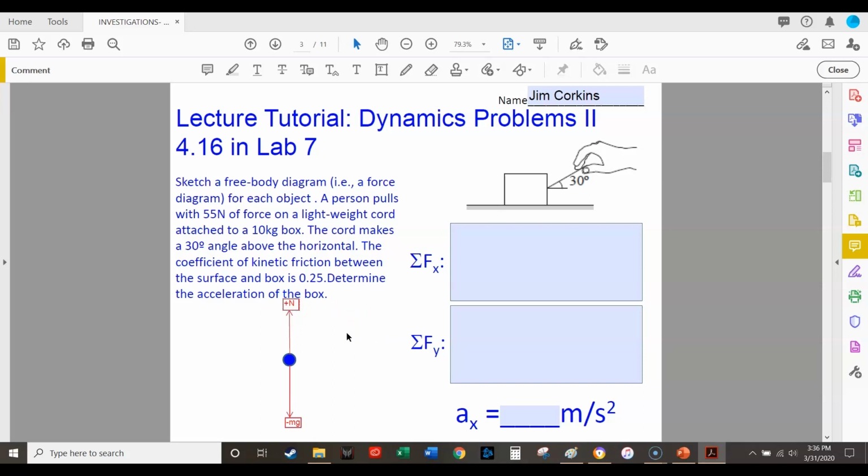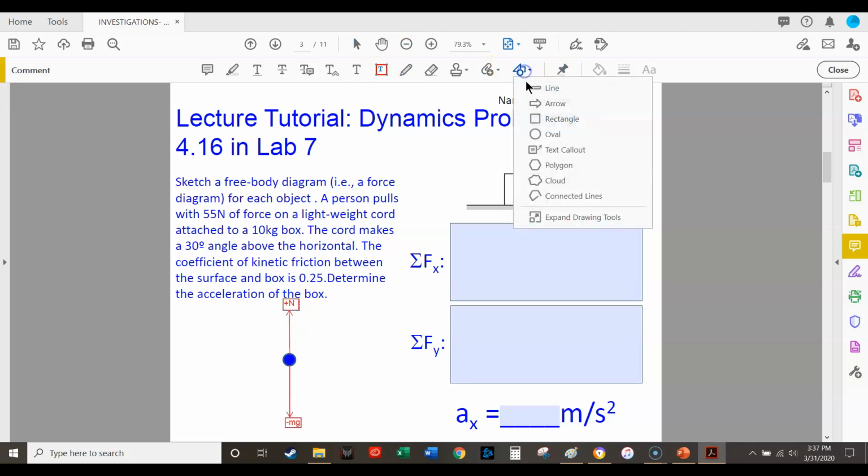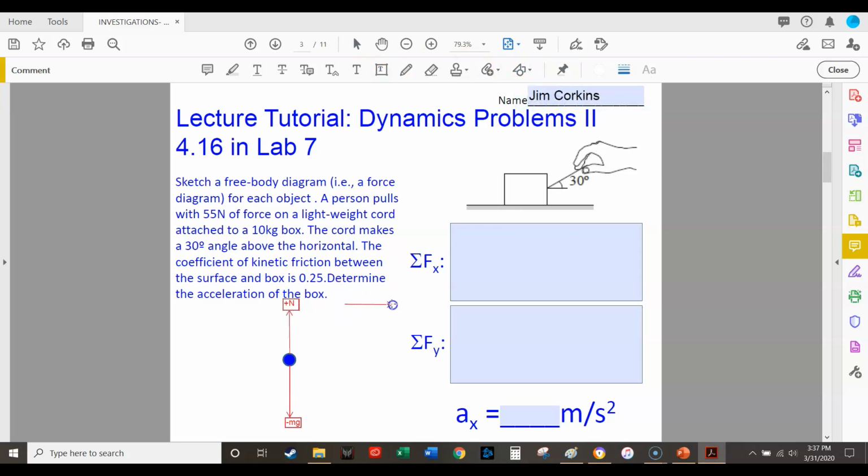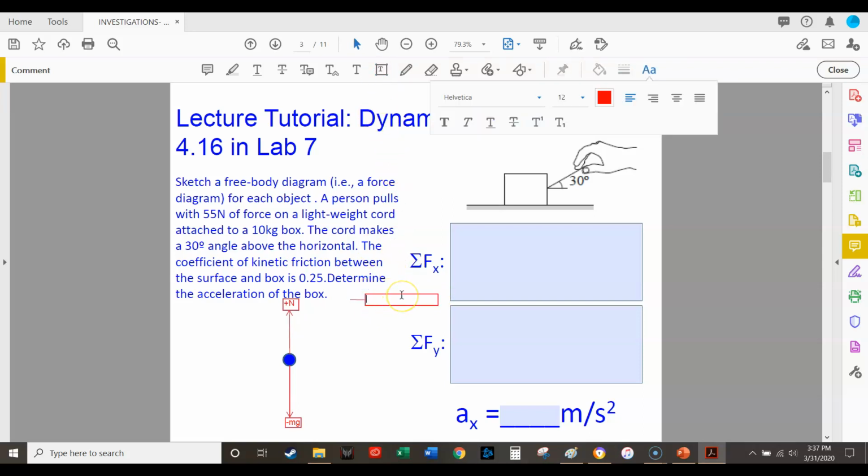There we go, we've got the normal force pointed up. And it's going to have a frictional force. Now, this object is moving to the right, so it's got a velocity vector to the right, which is pointed in the positive x direction.